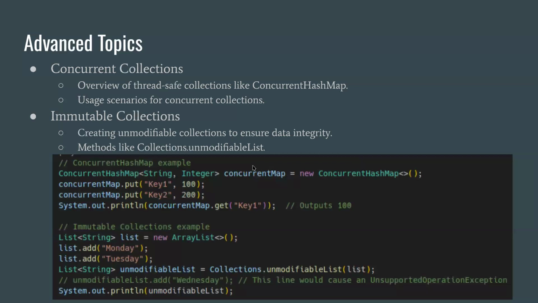Concurrent collections like ConcurrentHashMap provide thread-safe operations to manage data in multi-threaded environments. And immutable collections are collections that cannot be changed once created. This is really important for maintaining data integrity and avoiding side effects in your code.